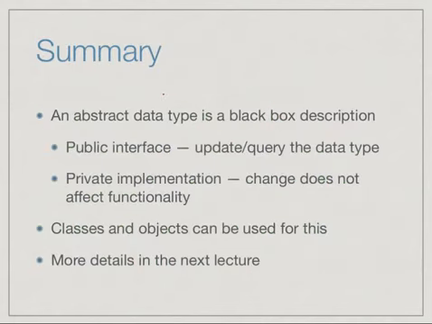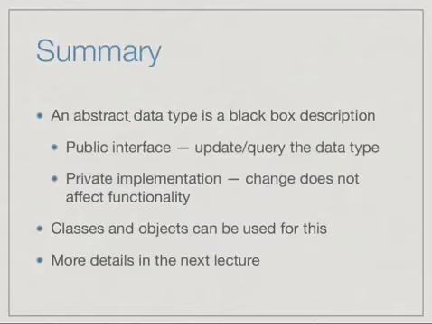What we would like to emphasize is that an abstract data type should be seen as a black box. A black box has a public interface, the buttons that you can push to update and query the data type, to add things, delete things, and find out whether the data type is empty and so on. And inside we have a private implementation. This actually stores the data in some particular way to make the public functions work correctly.